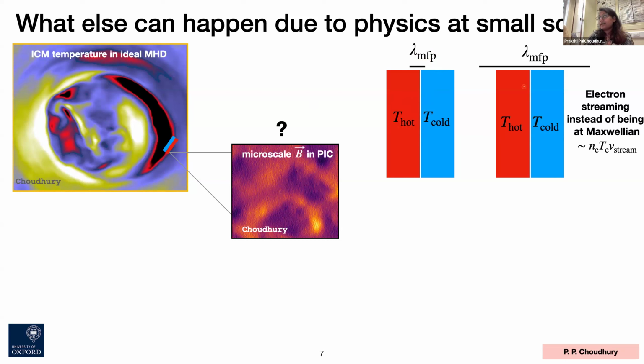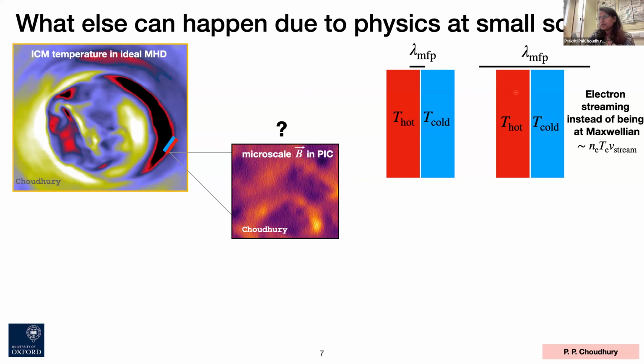The other scenario that might happen, and this is also pretty common, as I argued with the values at the virial radius, is that the lambda mean free path is much larger, so electron talking is not going to happen very easily.